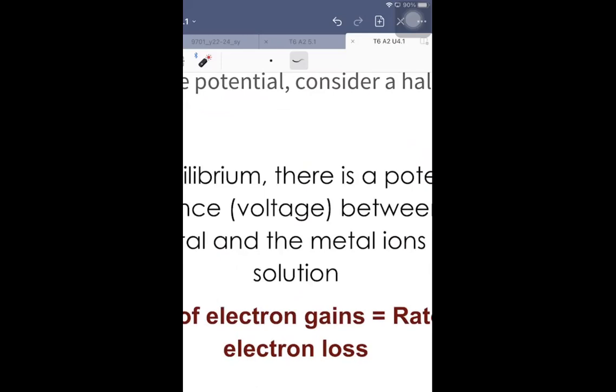But what we can do to measure the voltage inside this half cell, between the copper metal solid and the copper ion, is by connecting it to another half cell. So if you imagine one half cell is connected to another half cell, we get a complete cell.